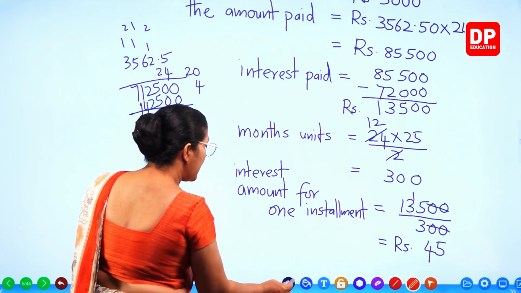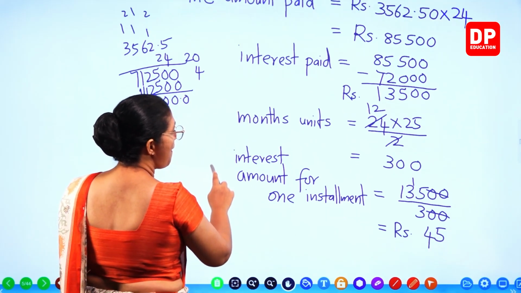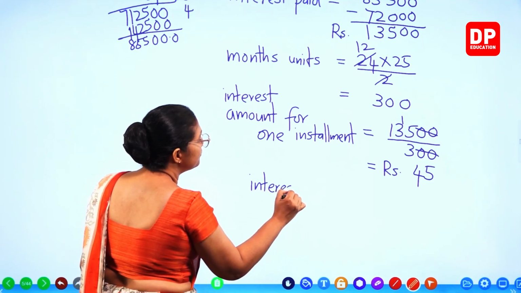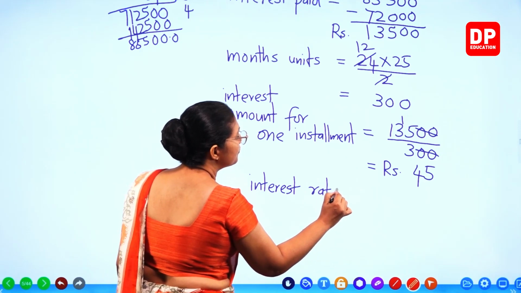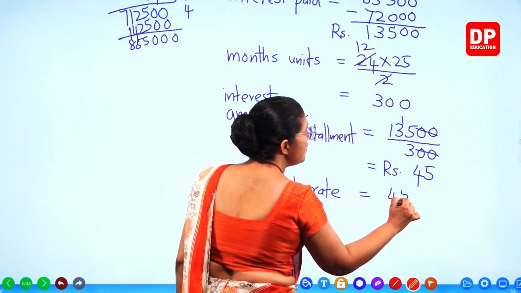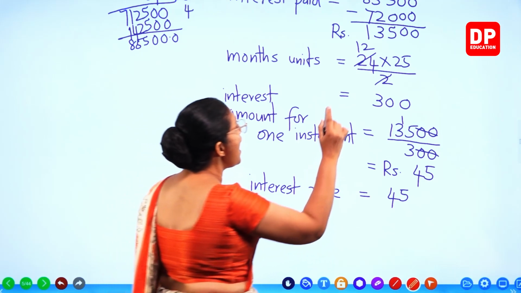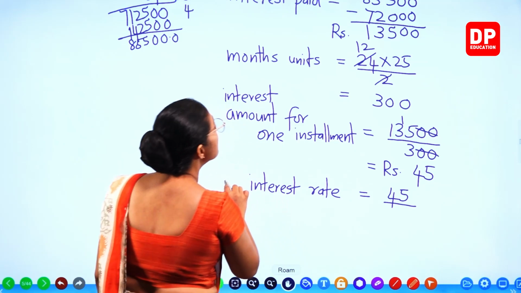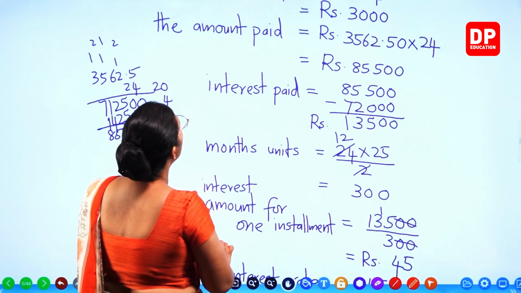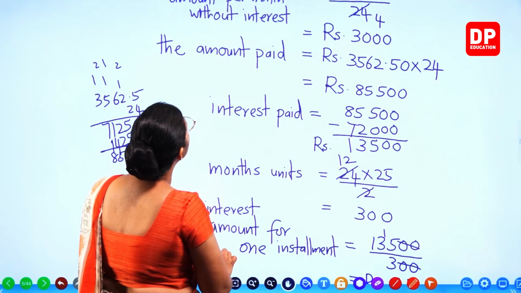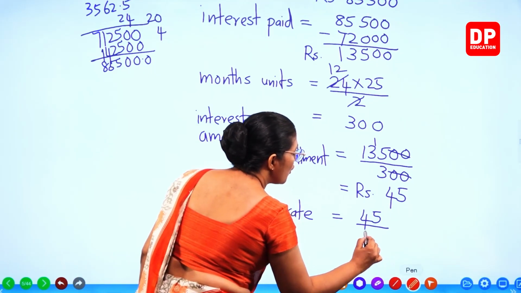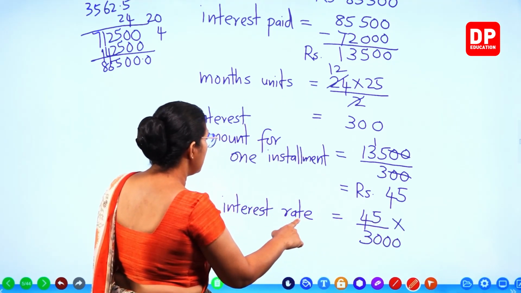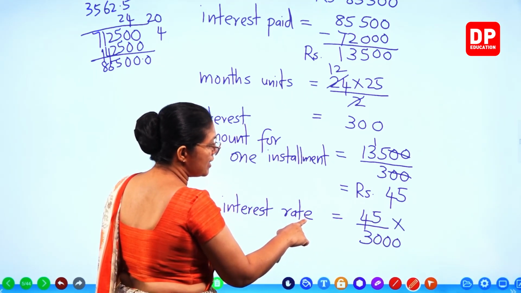Now we can calculate the interest rate. The interest rate is equal to the interest per installment over the amount. What is the amount? 3,000, which we calculated before. 3,000 is the amount per month without interest. So for 3,000 you are paying 45 rupees, and this is the annual interest rate.